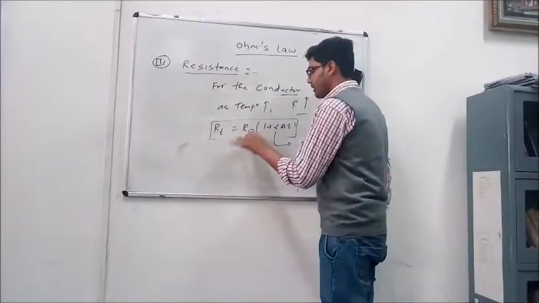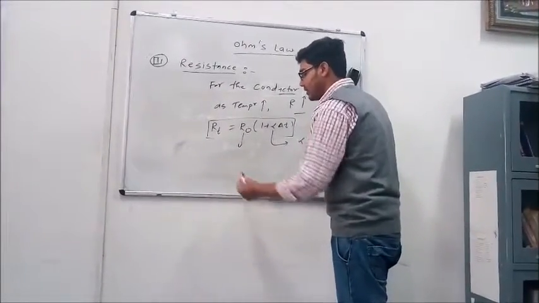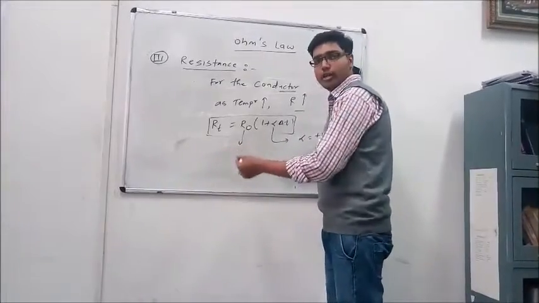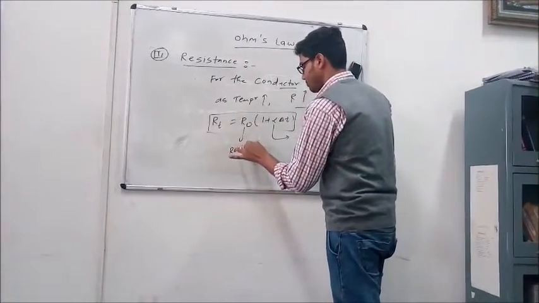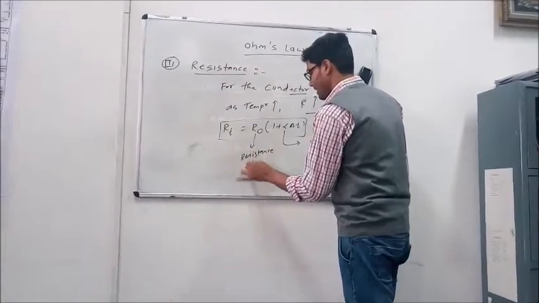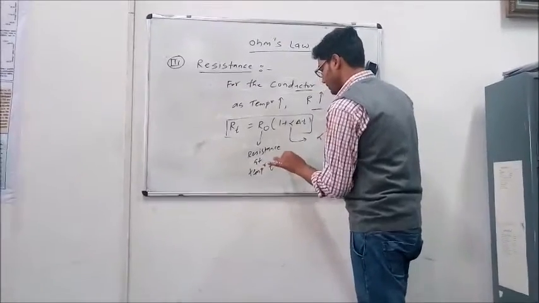And R naught is the resistance provided by that material at temperature T equal to 0 Kelvin.